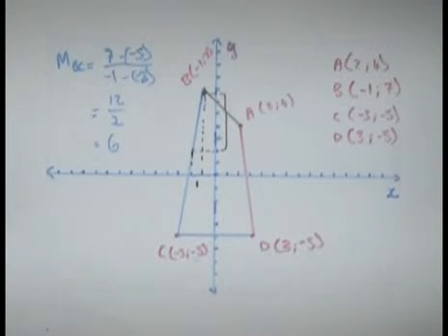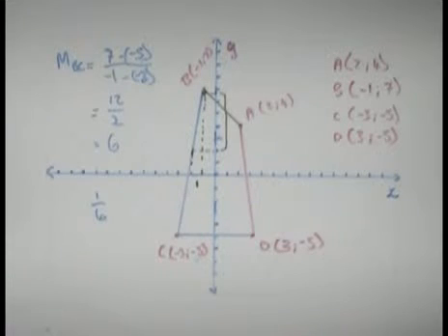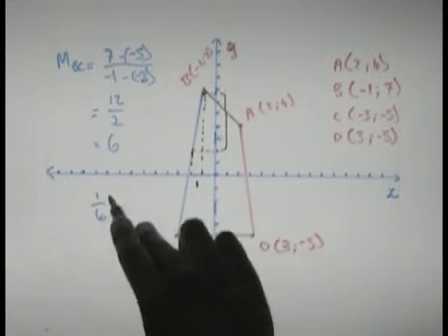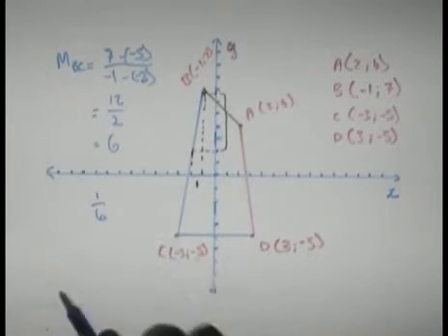A fraction gradient, anything below 1, for example 1 over 6, means that an increase of 1 in y would be accompanied by an increase of 6 in the x.